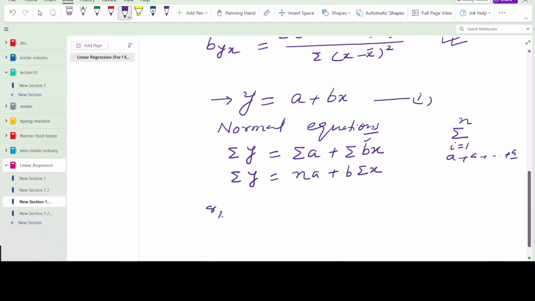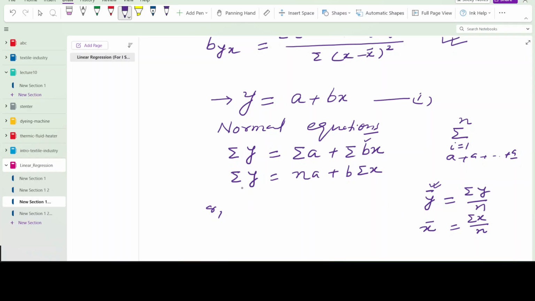Another way of writing this is, as we know, y bar is equal to sigma y by n, and x bar is equal to sigma x by n. It is very simple. y bar is average value of y, that is, we are adding all the observations of y and dividing it by n for finding average or mean. Likewise, x bar is average of x, the summation of all observations in x divided by n.